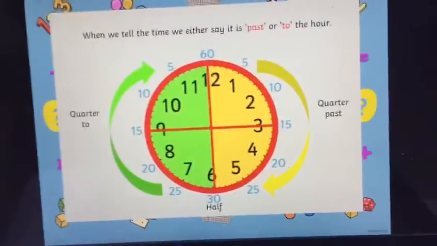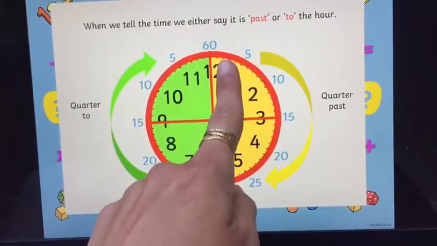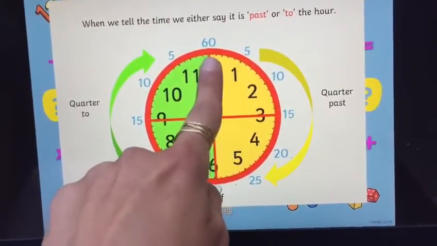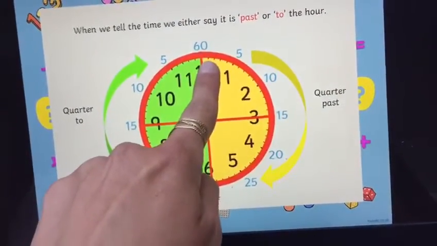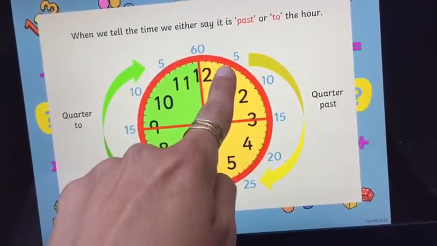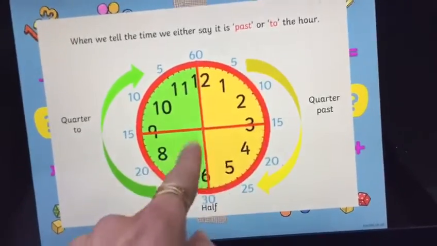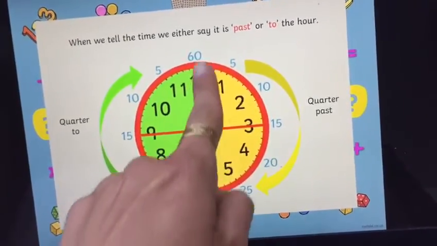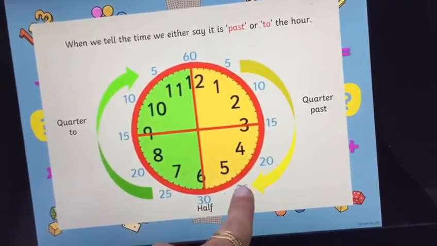When we talk about minutes past, we talk about these little black lines that you can see around that clock. Can you see them right there? Okay, that little black line shows me 1 minute past, 2 minutes past, 3 minutes past, 4 minutes past. Then we get to the 1, it's 5 minutes past. So we can actually just write 5 minutes, 10 minutes, 15, 20, 25.